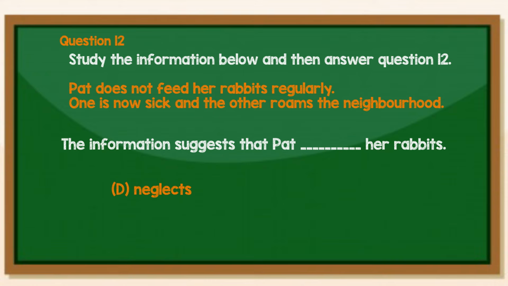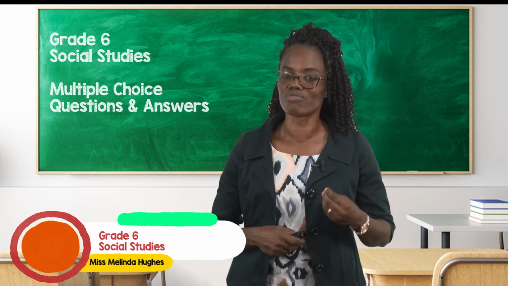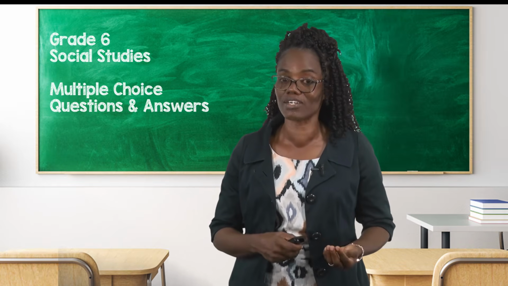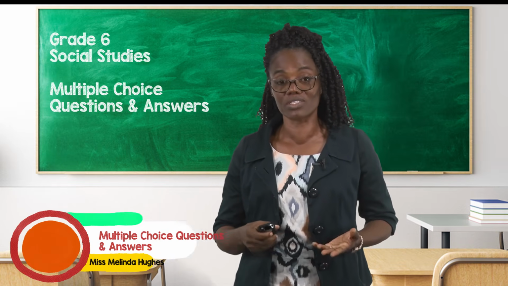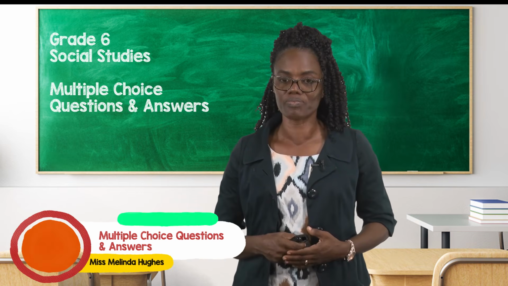Of course, boys and girls, if someone has pets, one of the things to do is to ensure that that pet is fed regularly. So to not feed your pet means it will either get sick or, like the rabbit does, the other one roams the neighborhood looking for food. And then what can happen?